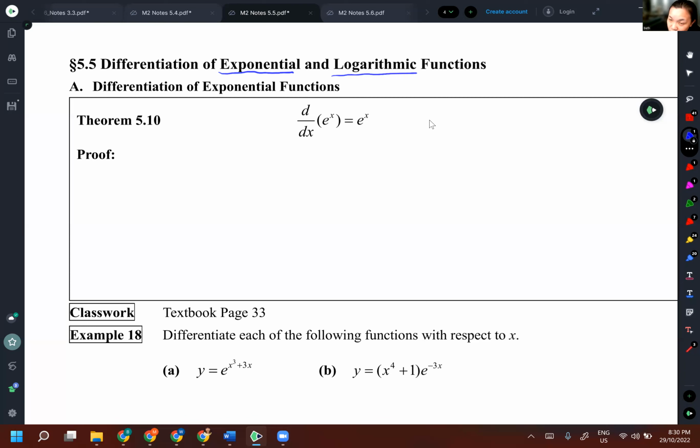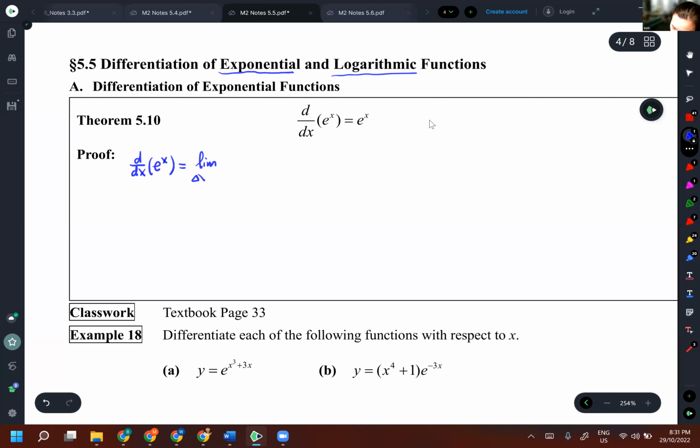This is an exponential function. It's just the base is e. Of course, you have other exponential functions, but this one is very special. This one is easier. d/dx of e to the power x equals, by first principle, the limit as delta x approaches 0 of e to the power x plus delta x minus e to the power x, divided by delta x.